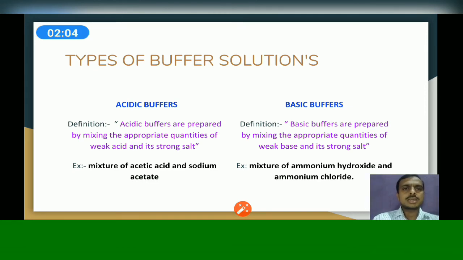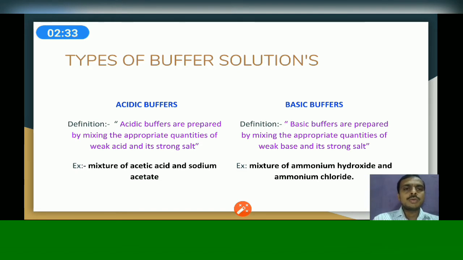Let's see acidic buffers. So we can define acidic buffers. Acidic buffers are prepared by mixing the appropriate quantities of weak acid and its salt with a strong base. This is the example of acidic buffers: mixture of acetic acid and sodium acetate. In case of acidic buffer, acetic acid is a weak acid and sodium acetate is a salt.